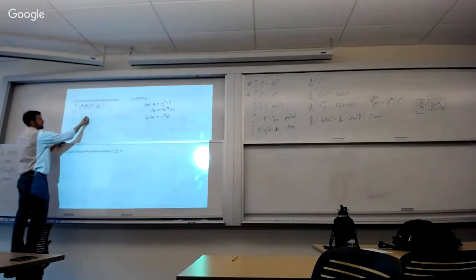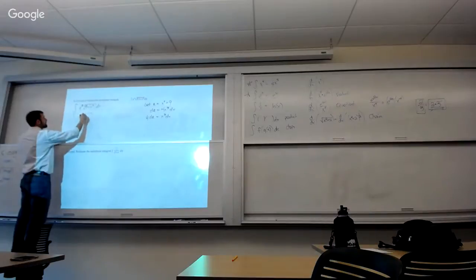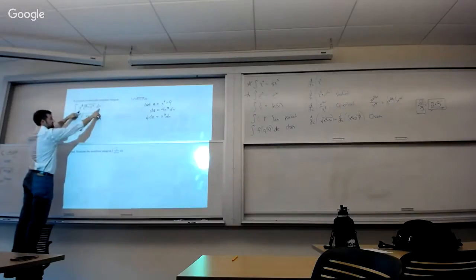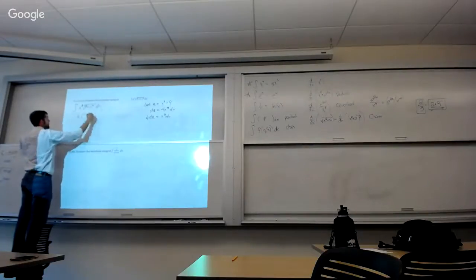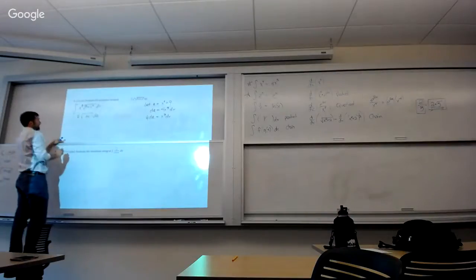So the 9 plus x to the 4th becomes u, and then the x cubed dx becomes 1/4 du. Even though one's at the beginning and one's at the end, they can be replaced with 1/4 du.